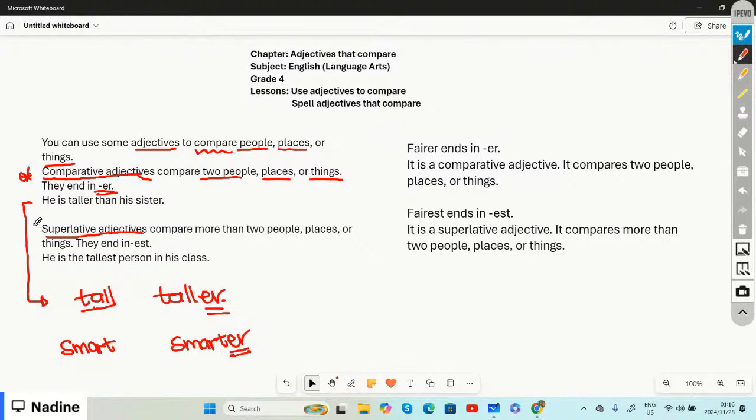And then we have our superlative adjective.